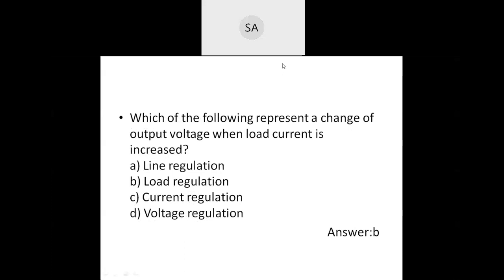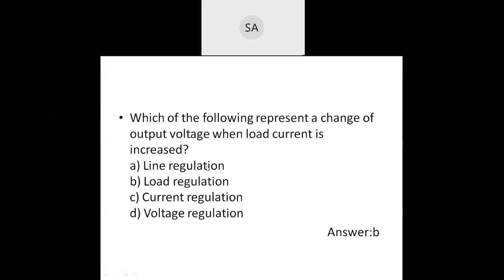The last one: which of the following represents a change of output voltage when load current is increased? If the load current increases, the output should be constant. So what should we use: line regulation, load regulation, current regulation or voltage regulation?